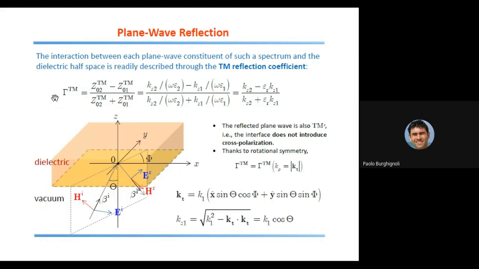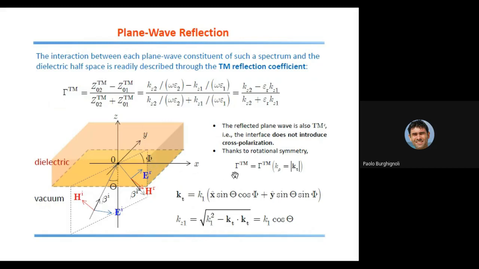In general, the reflection coefficient depends on the incident angle. However, it depends only on the angle between the direction of incidence and the normal to the interface, the angle that here is called capital theta, and it is instead independent of the azimuthal angle, capital phi.